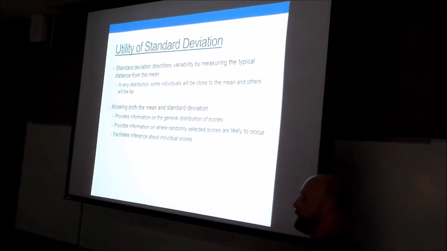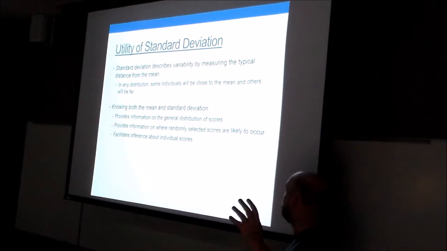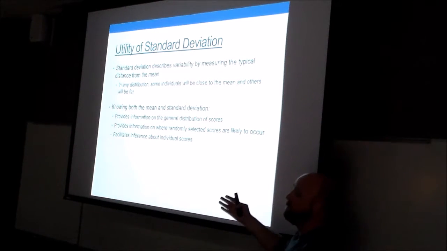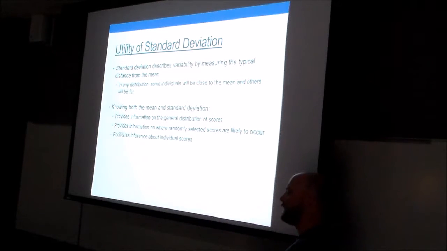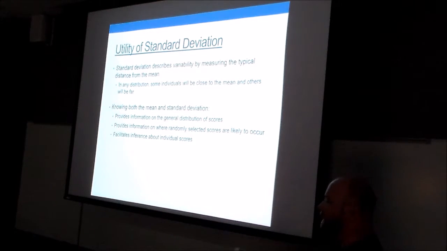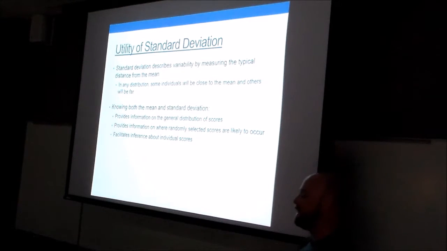Utility of standard deviation: it describes variability, measuring typical distance from the mean. In distributions, sometimes we'll have individuals close to the mean, sometimes farther from the mean. You should always report the means and standard deviations, write that in giant letters. In any research that you do, always, always, always report means and standard deviations.